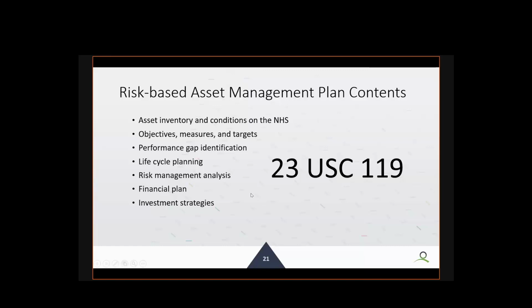That fund source was developed through MAP 21, and part of the requirements for being eligible for that fund source is having a risk-based transportation asset management plan, and these are the components of that plan. You can see how this lines up with your workshops and what we'll be talking about today.